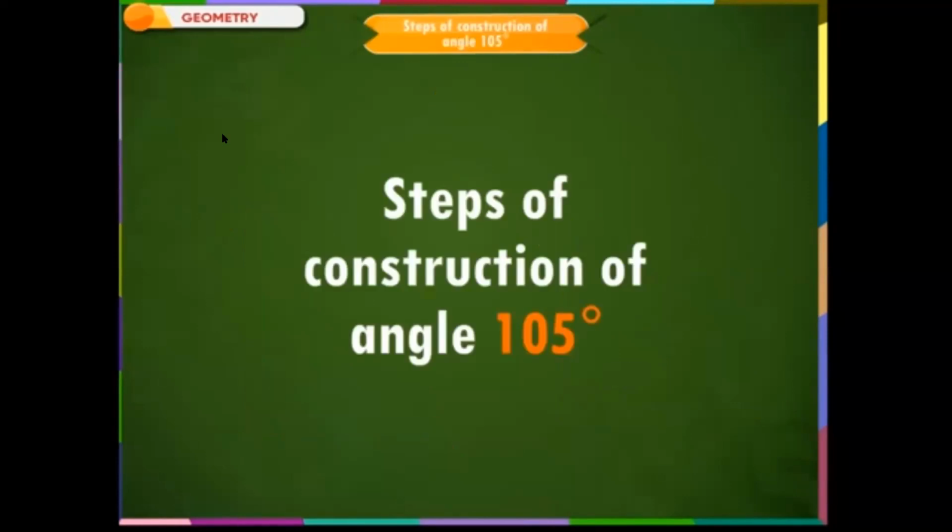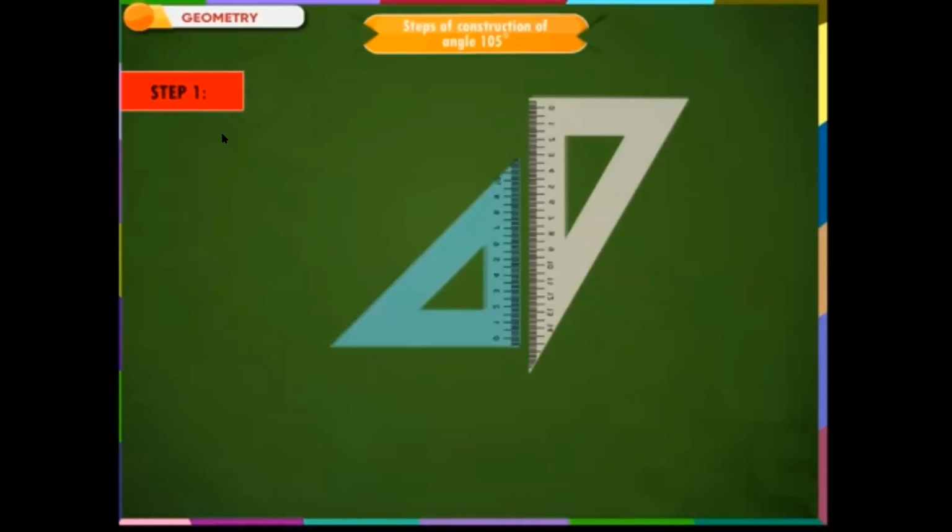Steps of construction of angle 105 degree. Step 1. To construct an angle of 105 degree, use both the set squares in combination as 45 degree plus 60 degree is equal to 105 degree. Step 2.